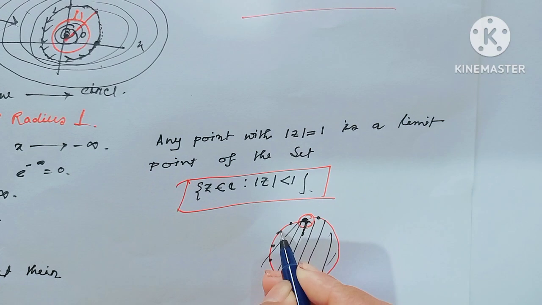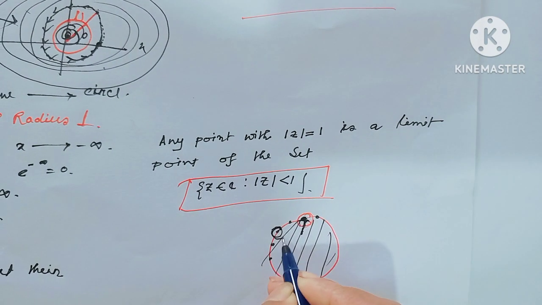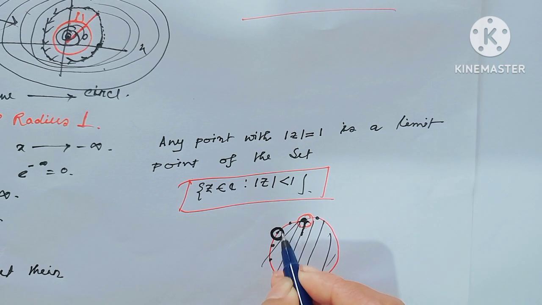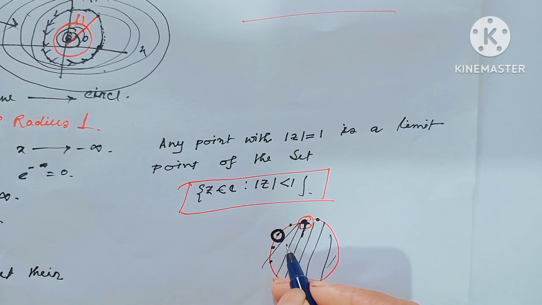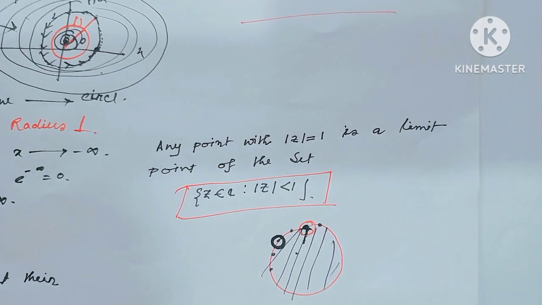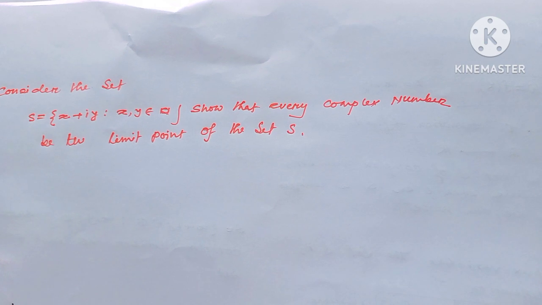Just pick any point, and if you consider a ball of some radius around this point, this ball always intersects this set. Okay. Now I will show one nice example.